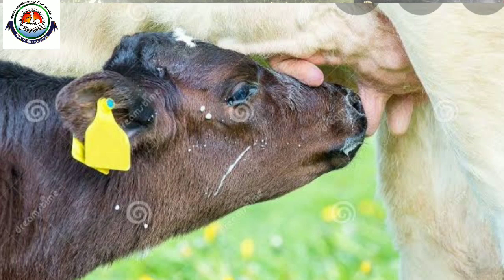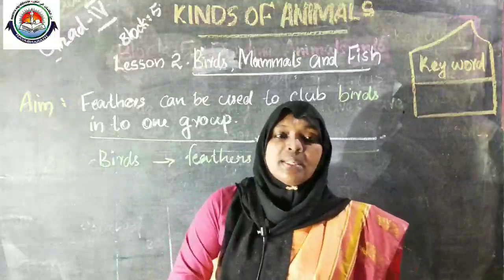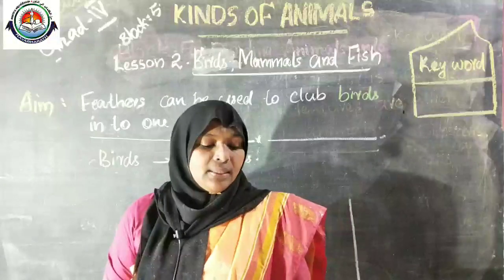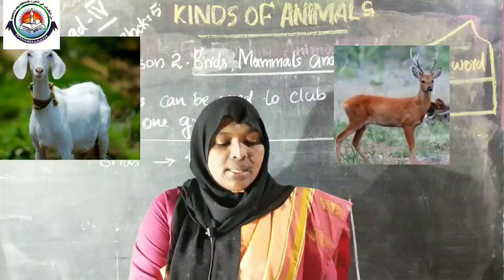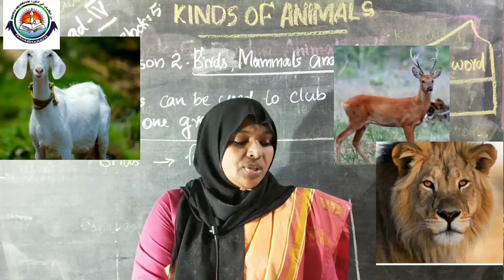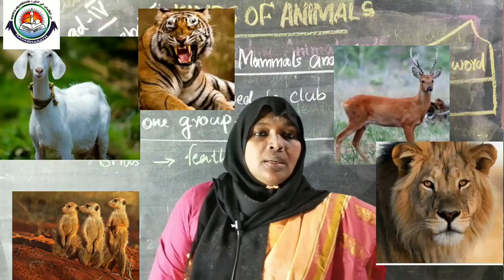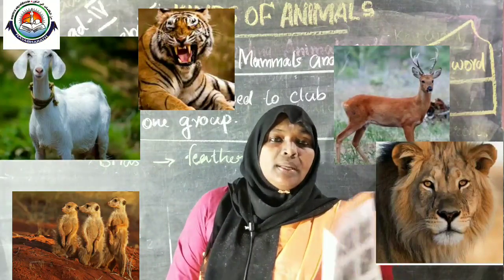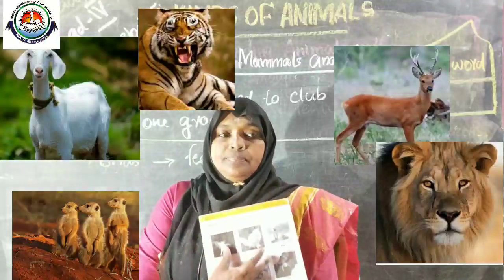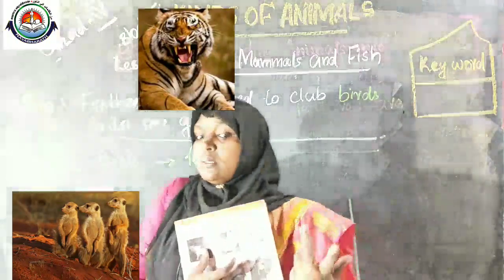Okay, dear, you have to look at your resource sheet again. We have discussed birds. Then you can check some animals like goat, deer, lion, meerkat, then tiger. Please look at their body. What do you see there?